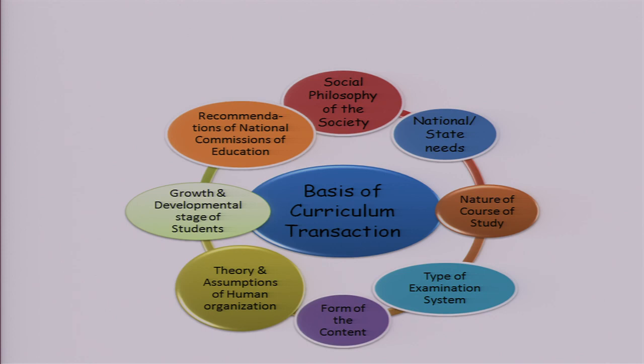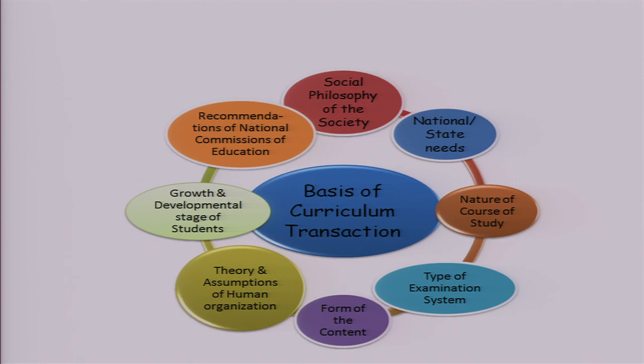And next we can see what type of theoretical underpinnings there are for the framing of curriculum. For every curriculum, there may be different kinds of theories that are important. So the theoretical underpinnings come under curriculum development. And the next part is the recommendations of the national commissions or committees.